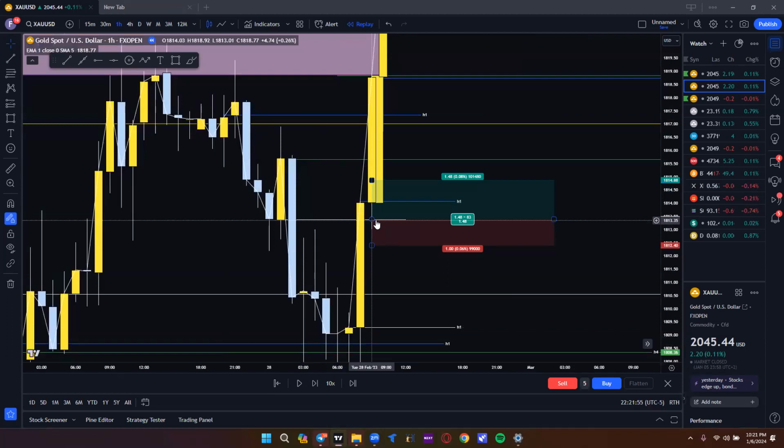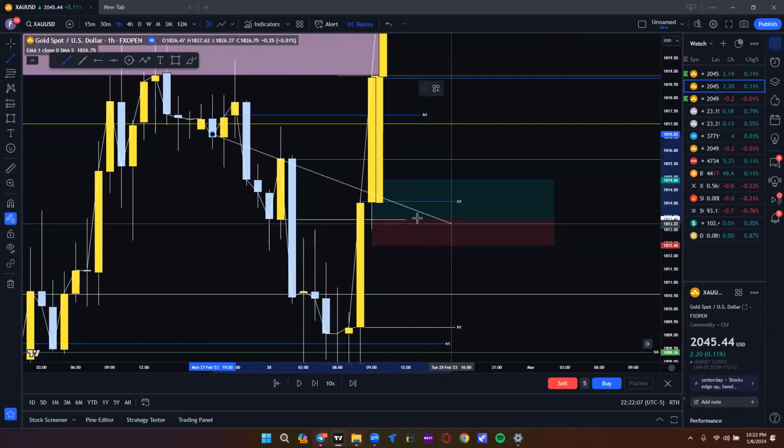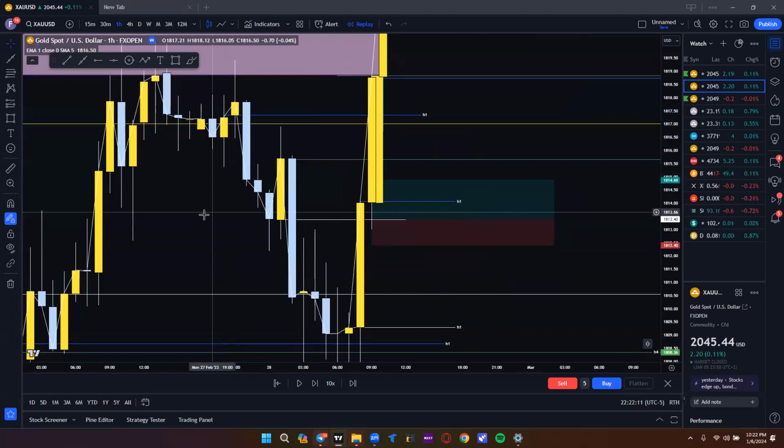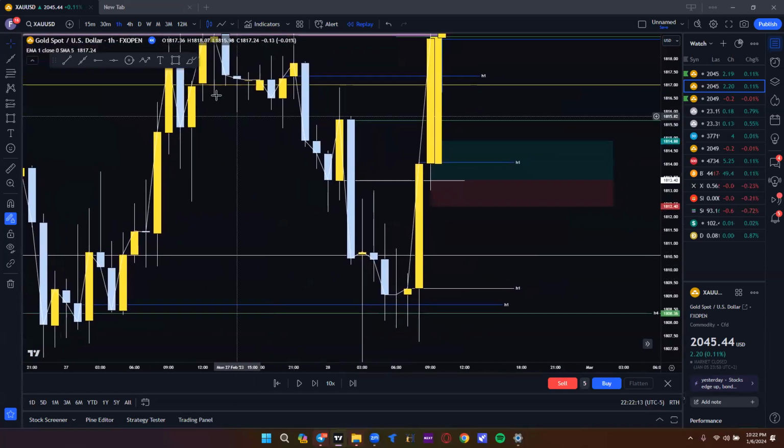When you see this stuff happening in real time, and you have confluences, like your trend line lining up with your decision level, let me see if I can find something.